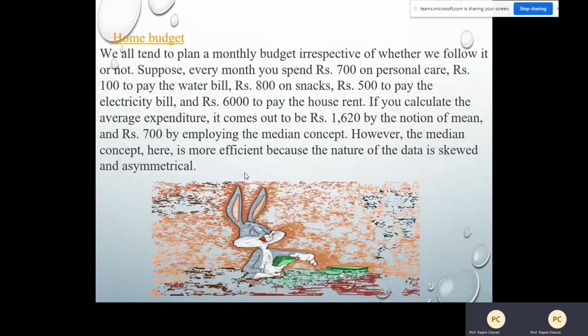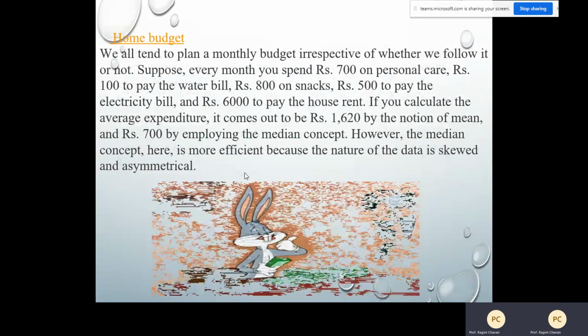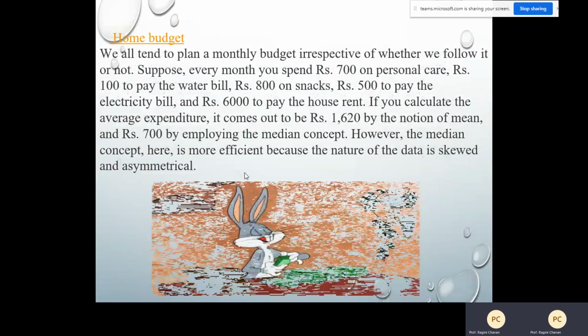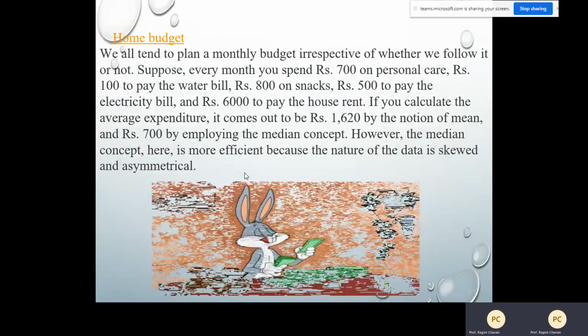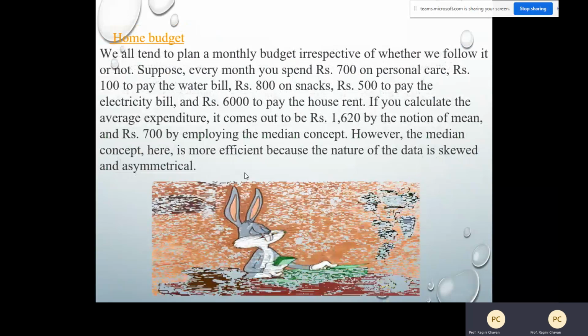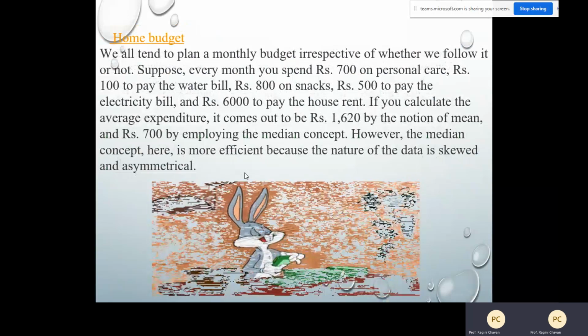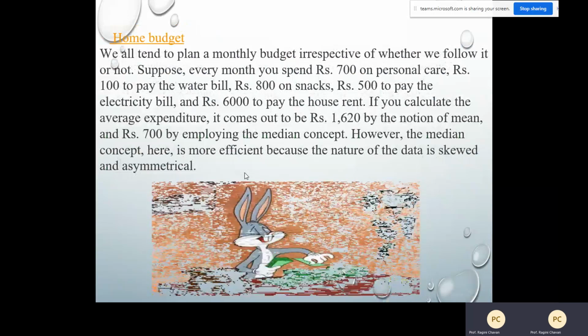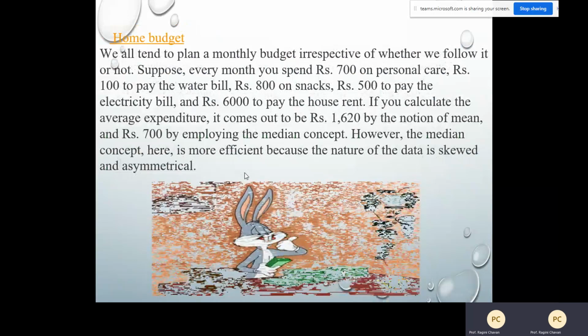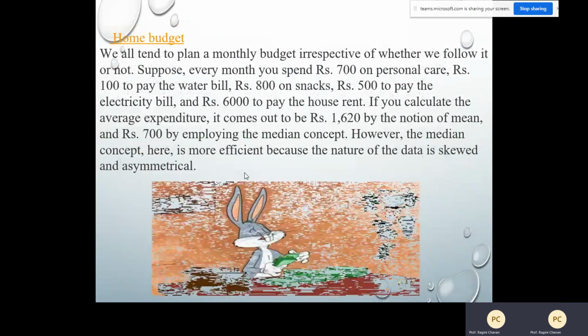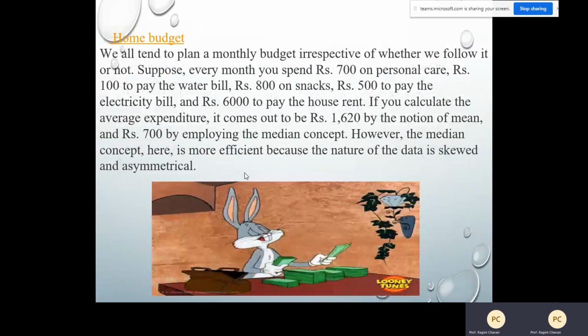Next application is home budget. We all tend to plan a monthly budget irrespective of whether we follow it or not. Suppose every month you spend rupees 700 on personal care, rupees 100 to pay the water bill, rupees 800 on snacks, rupees 500 to pay the electricity bill, and rupees 6000 to pay the house rent.